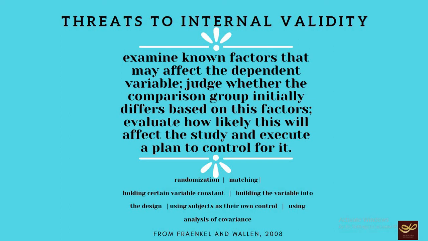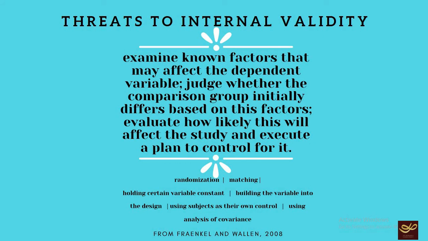Again, if I may: randomization, and matching, because you have seen that there is a difference in the comparison groups, so you include that in your matching criteria. You hold a certain variable constant, you build it into the design, use subjects as their own control, or use analysis of covariance for that aspect.